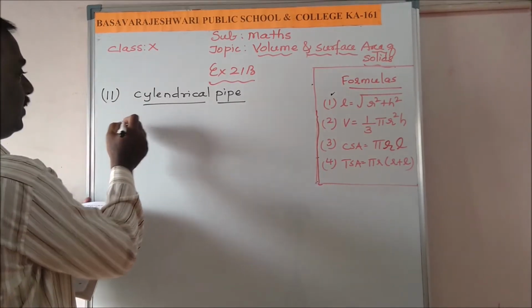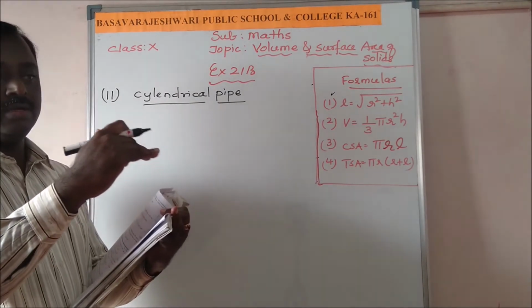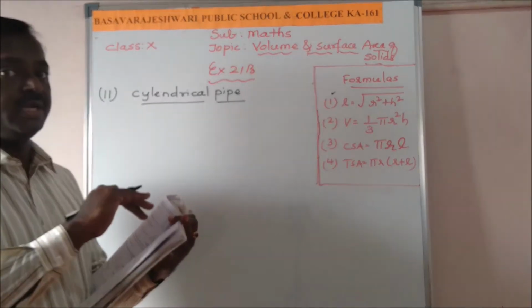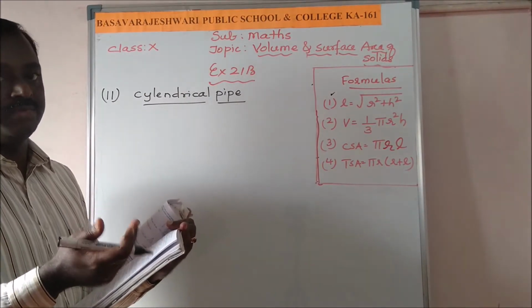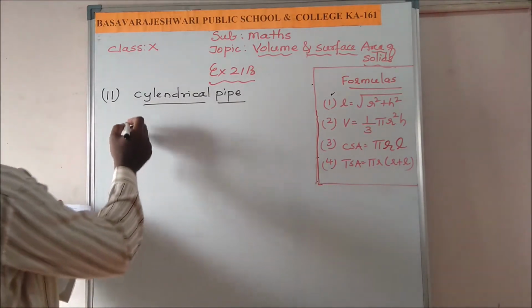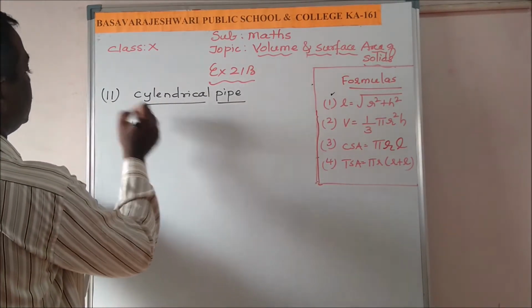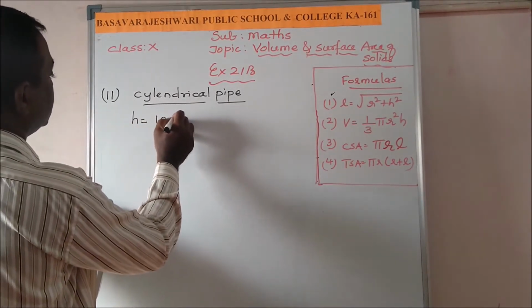So we can take the length or height of the cylindrical pipe. Height of the cylindrical pipe is equal to 10 meters.